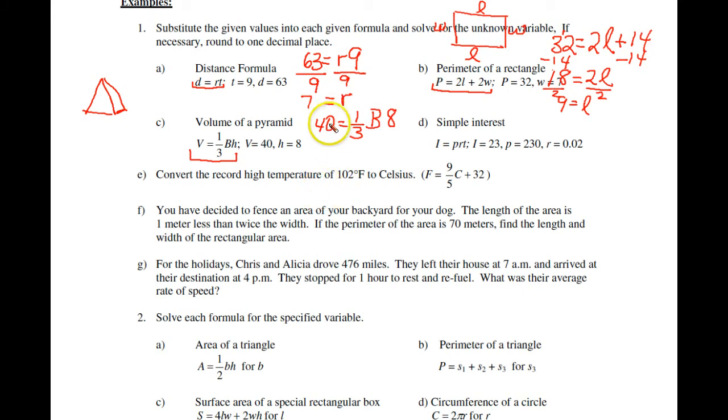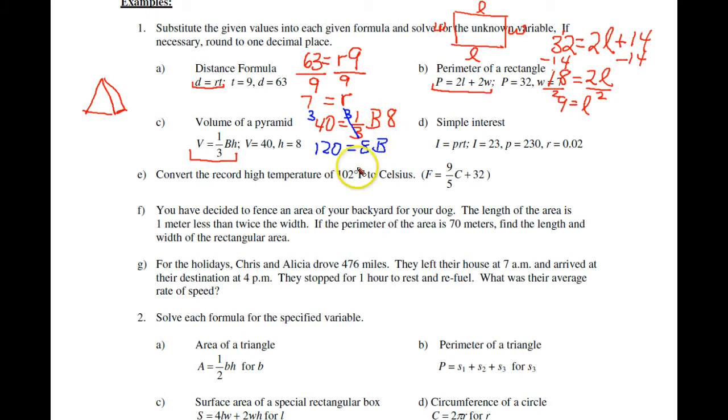Okay, so how do we solve this? Well, from earlier sections, we said get rid of the fractions by multiplying both sides by the lowest common denominator, which is 3. Here this cancels out, and we get 120 equals 8b.